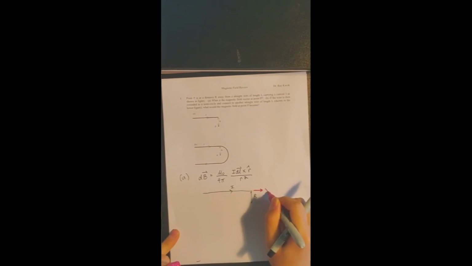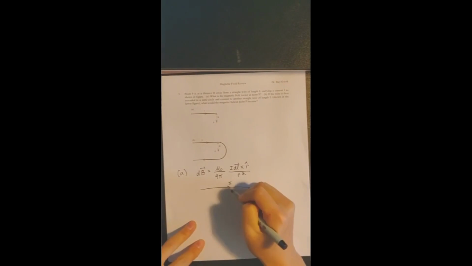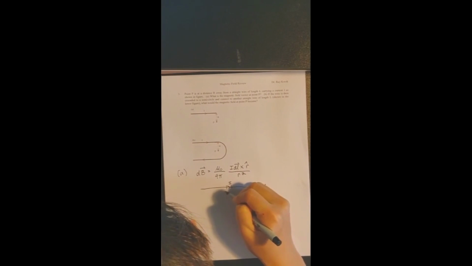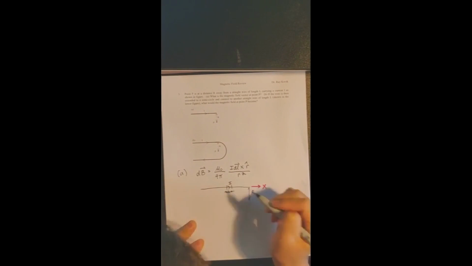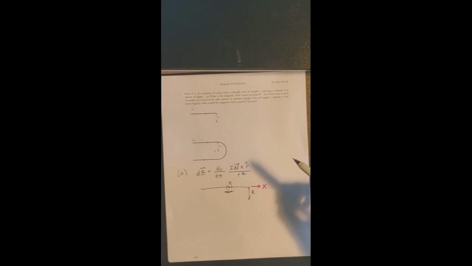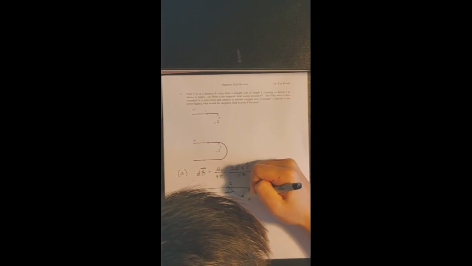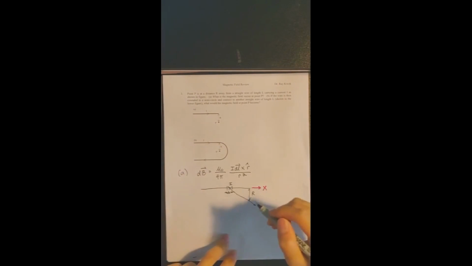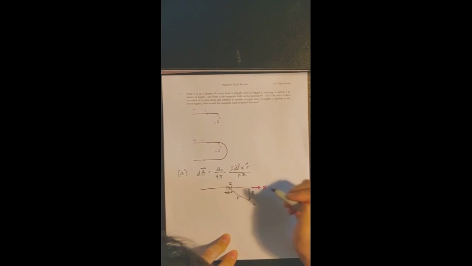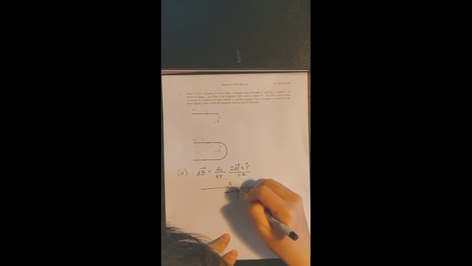If I was to label this axis x, then that just means that we're going to be sampling a little tiny dx, right? And it won't be dl anymore because we labeled this axis x. And that means that this distance is just going to be R. And then we can call this angle theta.